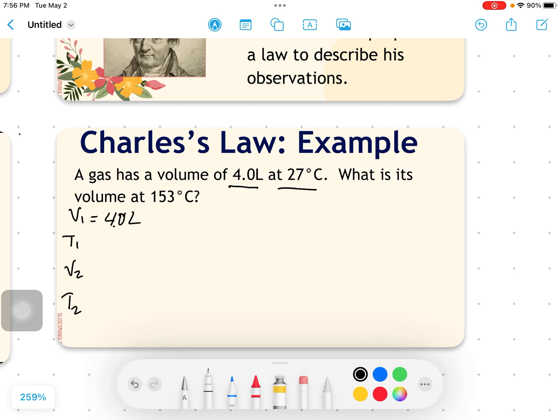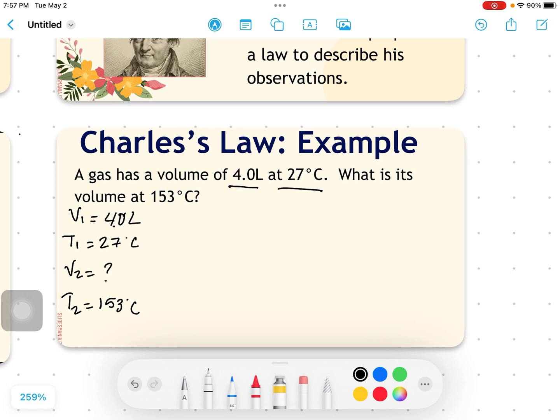And the first temperature I run into is going to be my T1, so 27 degrees Celsius. What is the volume? So it's telling me I don't know what my volume is. And at a temperature of 153 degrees Celsius.